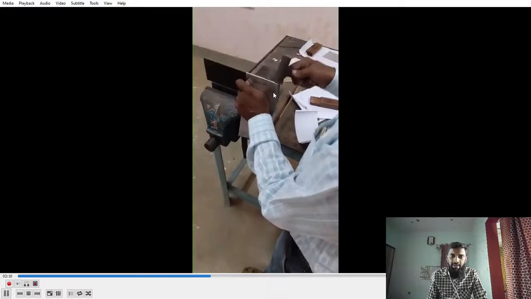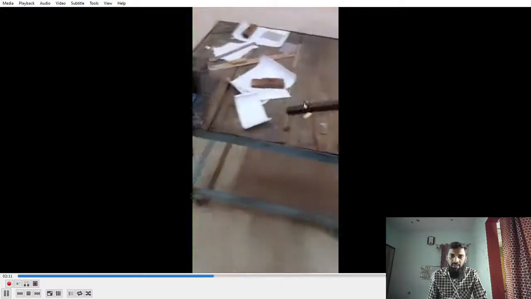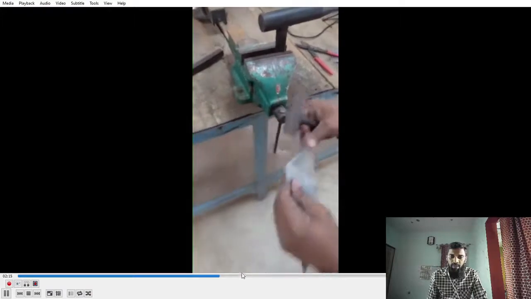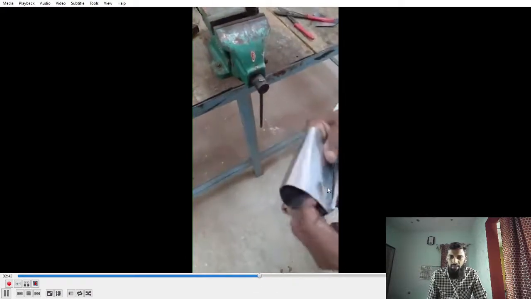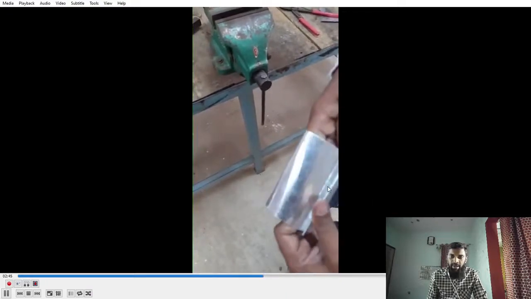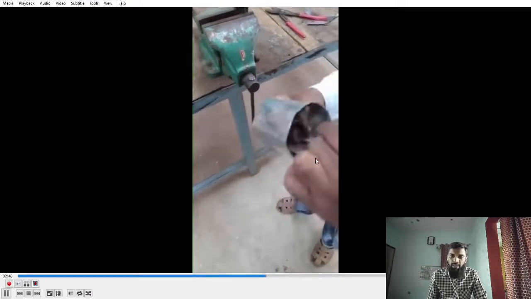If you look on the left side, it is bent in clockwise direction, and this edge is bent anti-clockwise, and in the same way you have to finish the bending, and then these two bent edges should be interlocked.